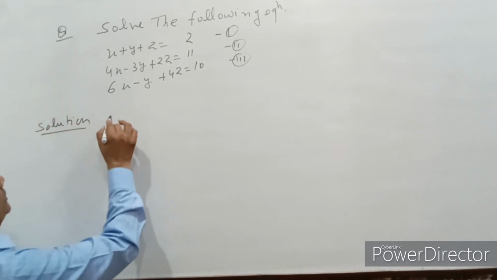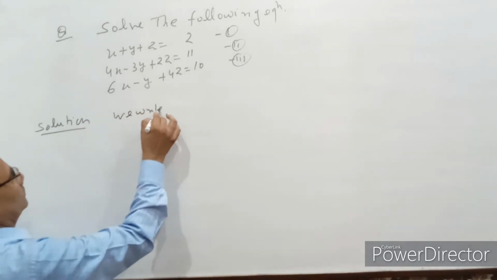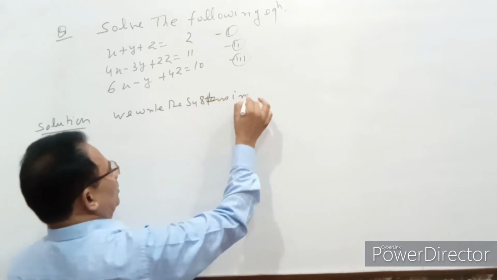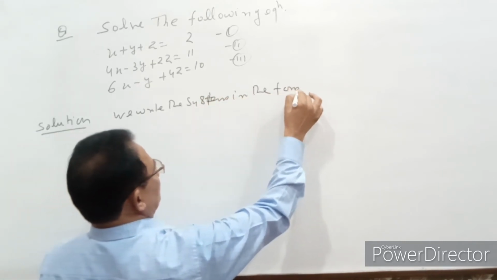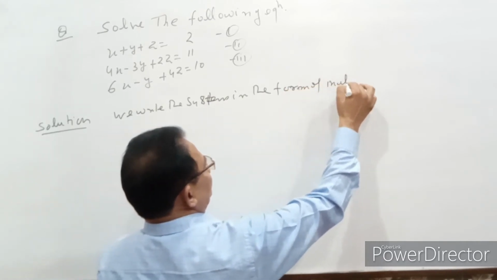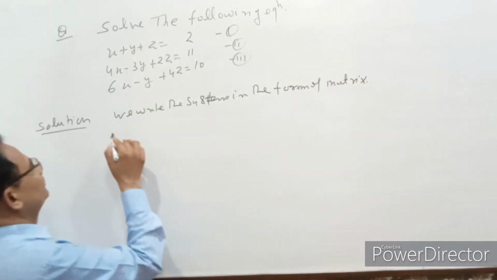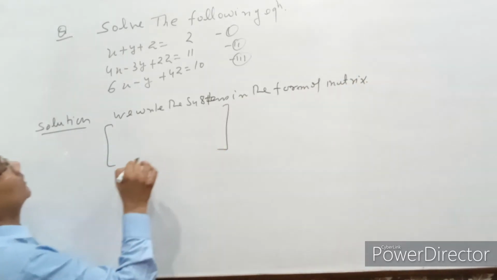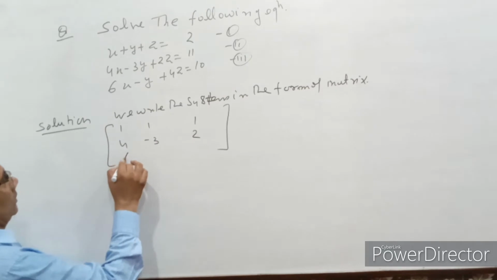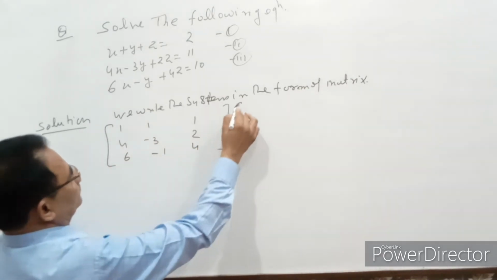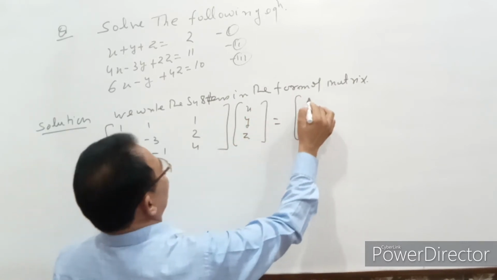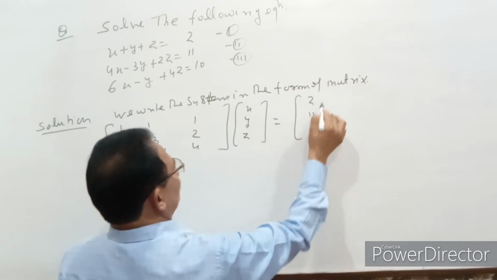First of all, we write the system in the form of matrix, as we write 1 1 1, 4 minus 3 2, 10.